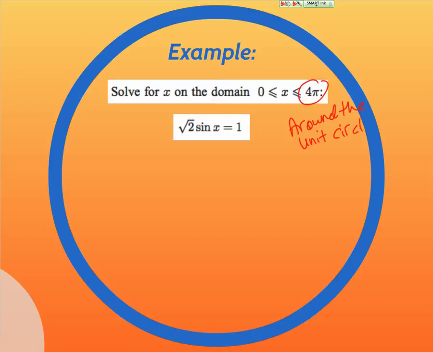Because it's 4 pi, we have to go around the unit circle twice. I'll explain how we do that in a moment.